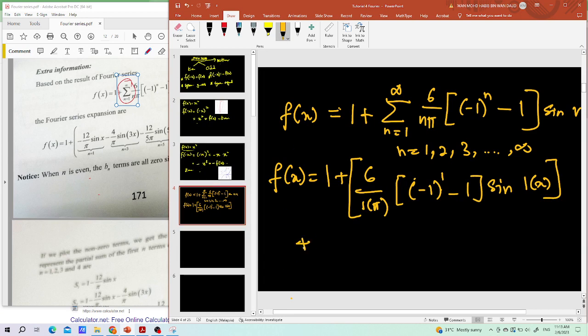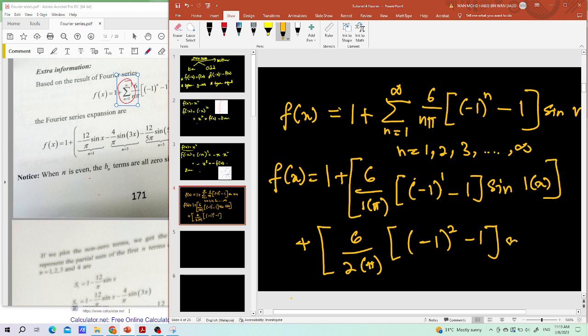We will have plus 6 over 2 pi, close bracket, (-1) to the power of 2 minus 1, sine 2x. Alright, and then after 2 we put 3, until we get some number that's very big. So we just put this dot dot dot, meaning it continues without end.